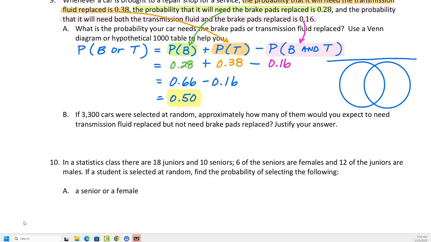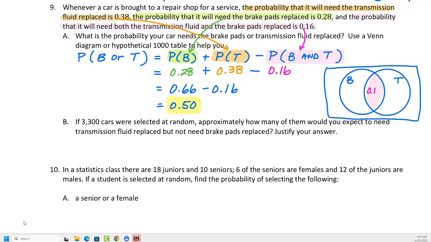And here, this one will be B, this one will be T. So things that we can definitely put in, we know, right, B and T, that's this middle section, isn't it? That's going to be the 0.16.